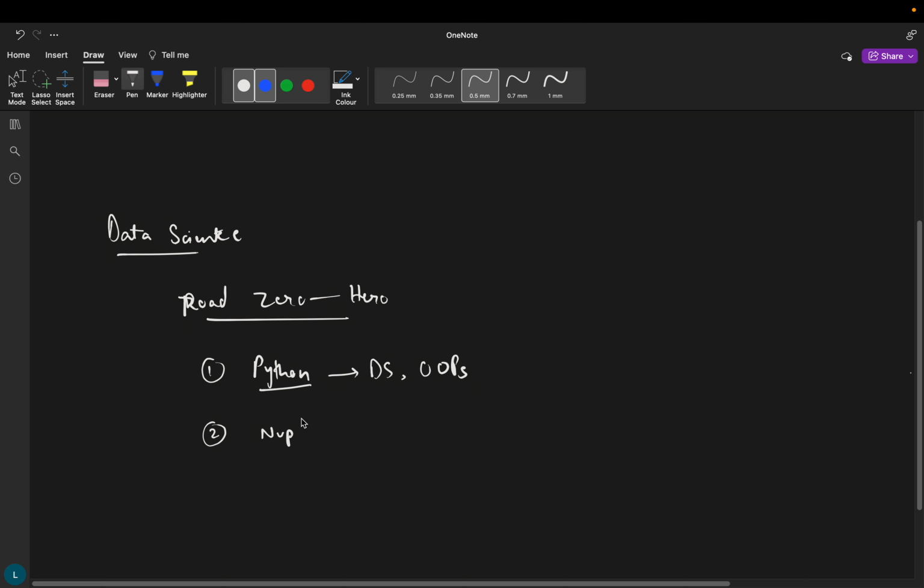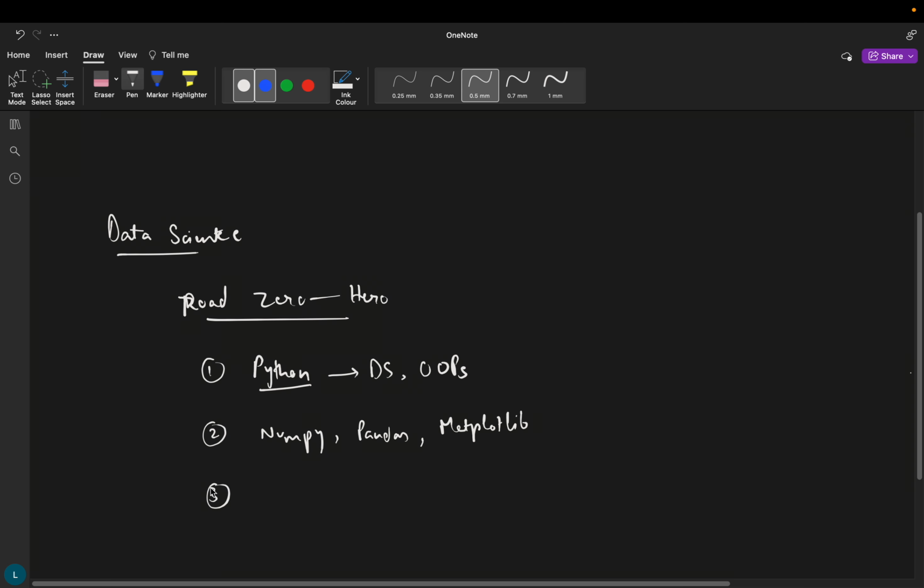These are the prerequisite libraries, and they are very important in the field: NumPy, Pandas, Matplotlib. These libraries are much more important than you think, because these are the basics for data science.